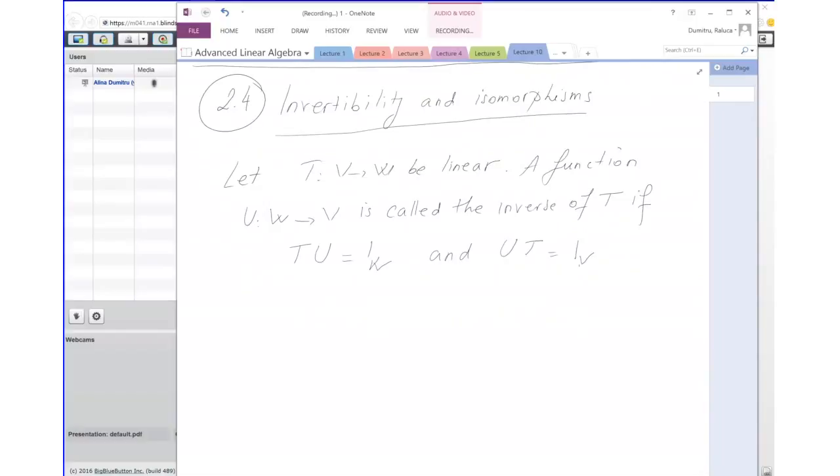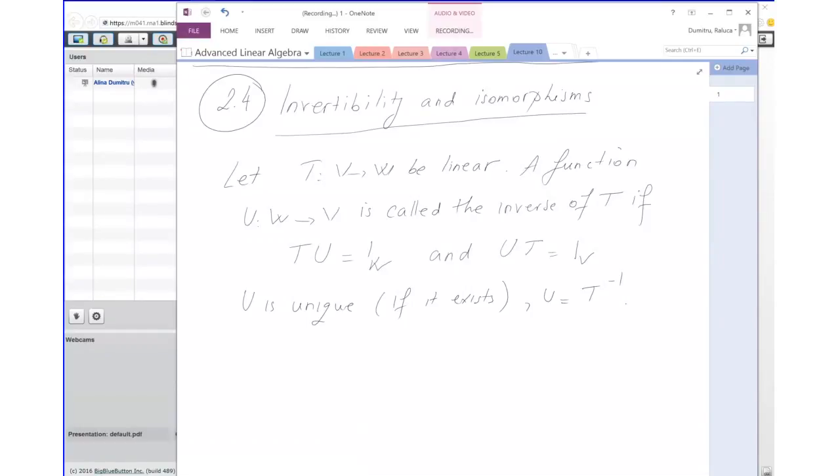And from the theory of functions, if a function is invertible, its inverse is unique, right? And it's called T to the power -1, if it exists. Okay, but no word about the fact that T was linear, right? So if we have this additional assumption that T is linear, does this function U, the inverse, have additional properties?